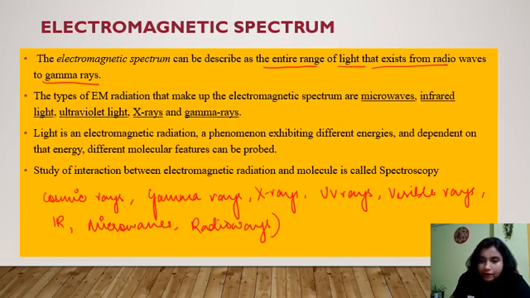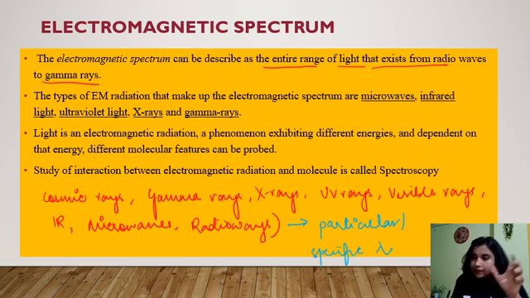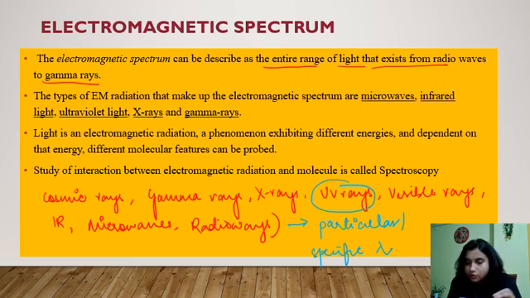These all have a particular, or specific, wavelength. According to that wavelength, we name each wave. For example, if we talk about UV rays, the wavelength ranges from 200 to 280 nanometer. So that is the UV wavelength, and this is an example of the electromagnetic spectrum.